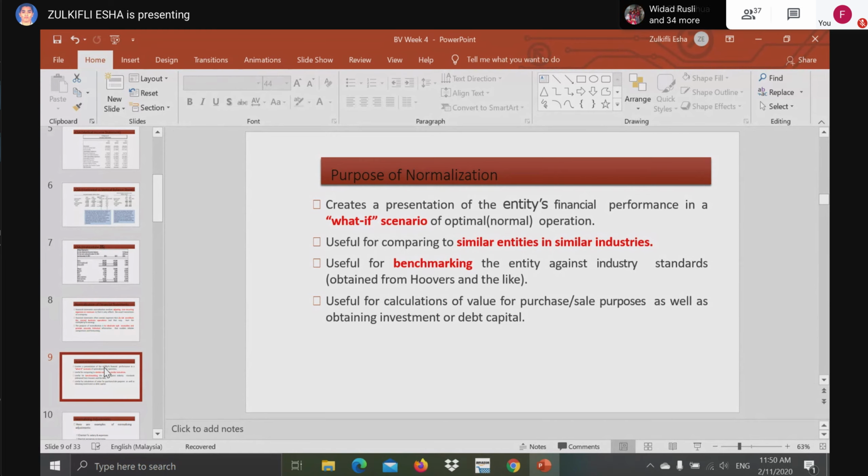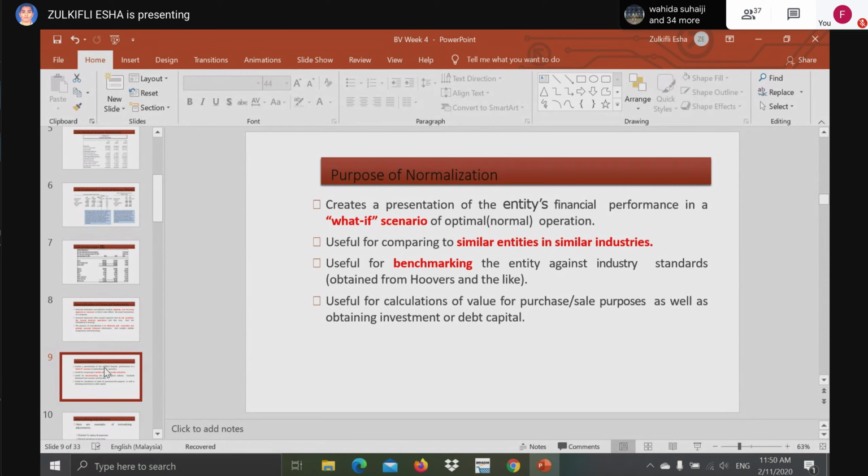So remember kan, last week or 2 weeks ago, I did mention that when we do the analysis for our financial statement, we not only restrict the analysis on our company's performance only. We will also compare the performance of our company with our competitors in the industry.